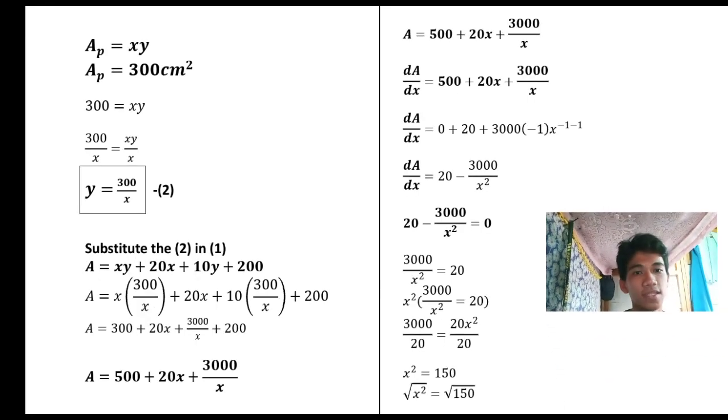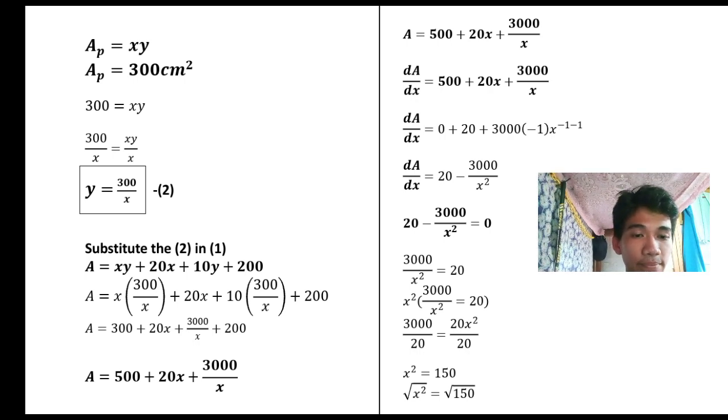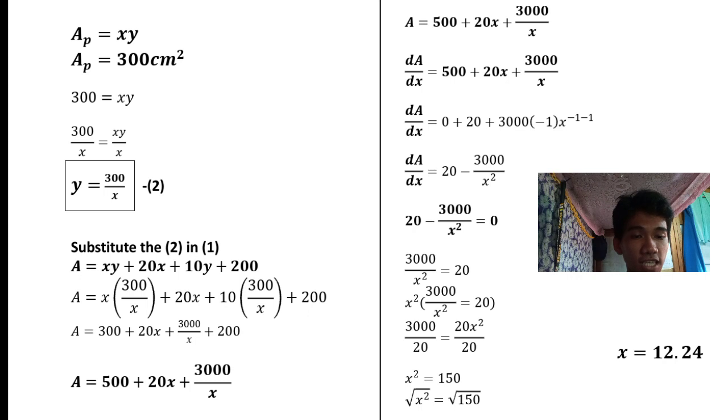After that, we take the square root of both sides so that the square on x cancels. So we have the value of x of approximately 12.24. We will use this value of x.